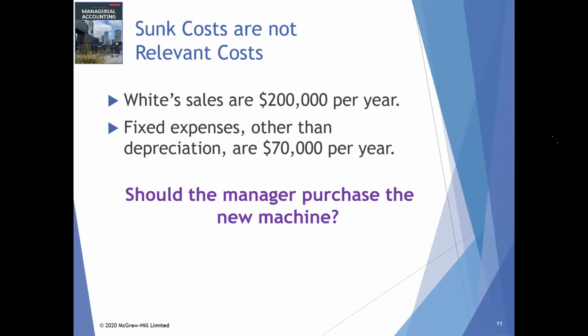So should the manager purchase the new machine or not? Just think it over and do some calculation, and let me know whether the manager should purchase the new machine or not.